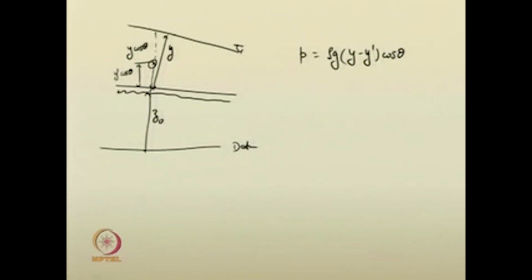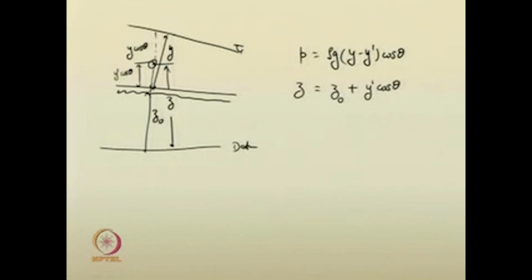Your datum head of that particular point can be given as z. So, that z is equal to z0 plus y dash cos theta. So, what do you get from these things?